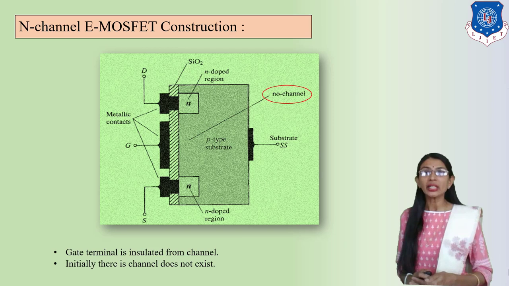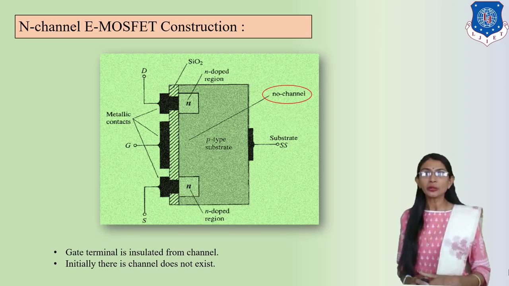That means the gate terminal is insulated from the channel. How is it? The most important point is that in E-MOSFET construction there is no channel. Initially there is no existence of the channel, and the channel will be created after connecting the biasing batteries. First of all look at this SiO2 layer.